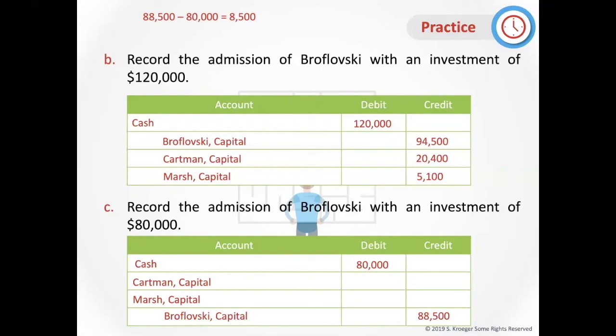We split that up the same way, where it'll be 80% to Cartman and 20% to Marsh. 8,500 times 80% would be 6,800. 8,500 times 20% would be $1,700. That is what Cartman and Marsh are both losing in order to have Broflovski as an investor.